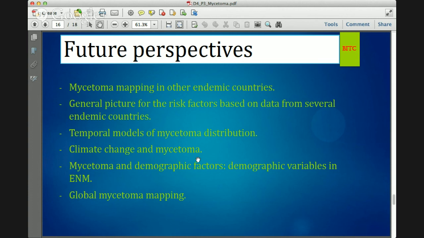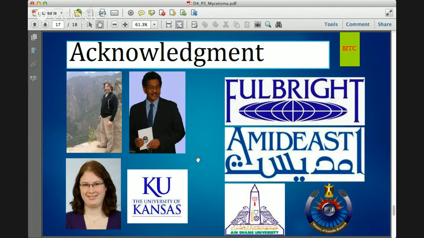Also, we are looking to include demographic factors for Mycetoma and see how demographic variables can contribute to the Mycetoma prediction. And finally, we are looking to produce a global Mycetoma map, which represents the Mycetoma distribution globally.